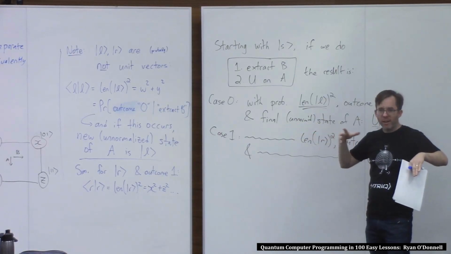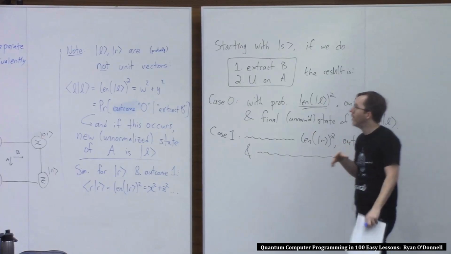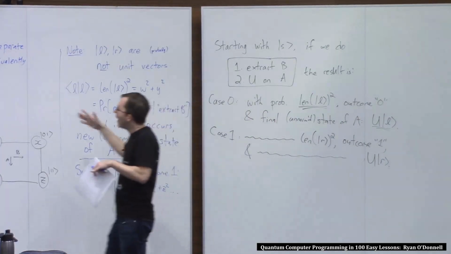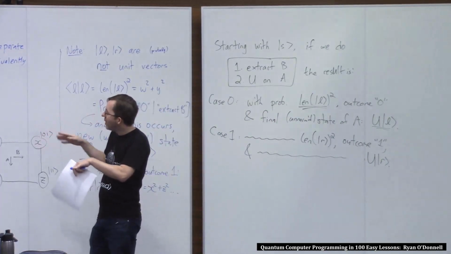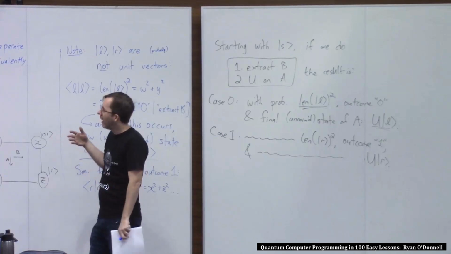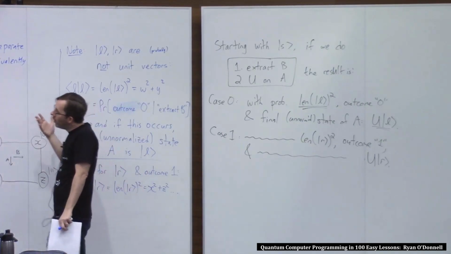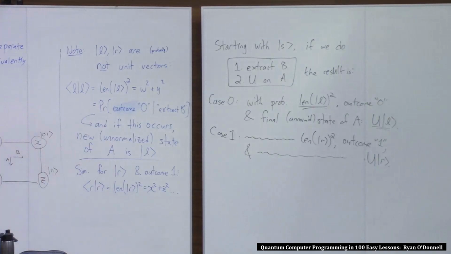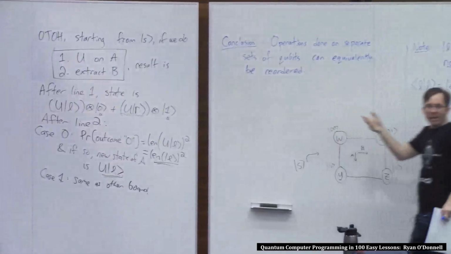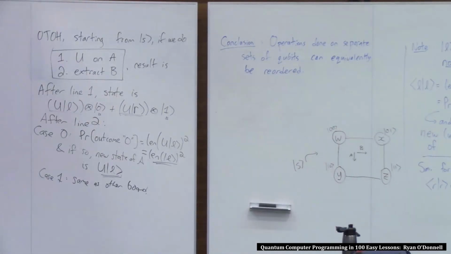It depends on the observer's reference frame. So if they're farther apart than the speed of light can get between them, you can't distinguish which one happened first. And therefore, you kind of know, for physics reasons, you have to get the same results if you do these in different orders, because who's to say which one actually happened first? Okay, but happily, we just checked with math that indeed you get the same results.